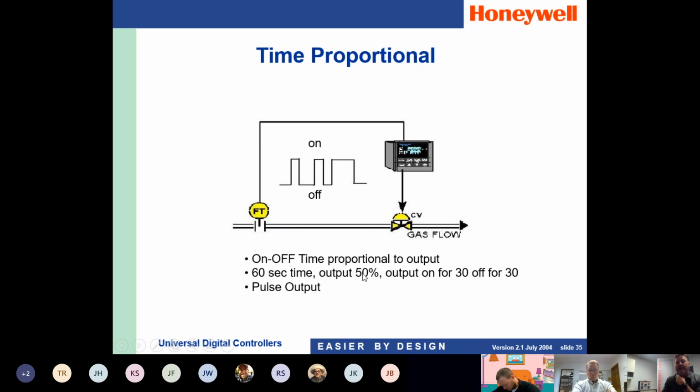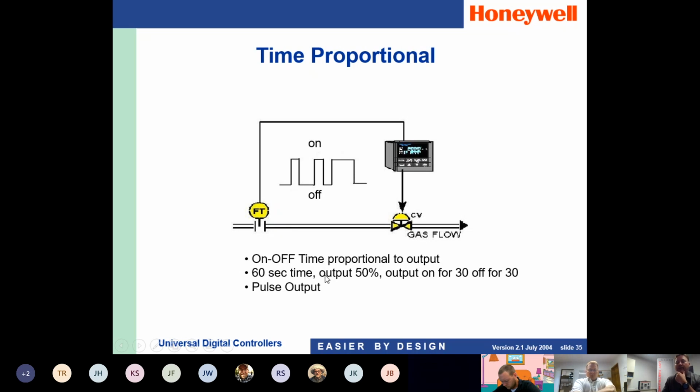For example, if I had a 60-second time and I had 100% output, that means that the output would be on 100% of the time. If the controller output reduced to 50%, then my cycle time for my on to off transition would be 30 seconds on and 30 seconds off. This would be known as a pulsed output. And anywhere between 0 to 100%, that 60 seconds would be proportional.